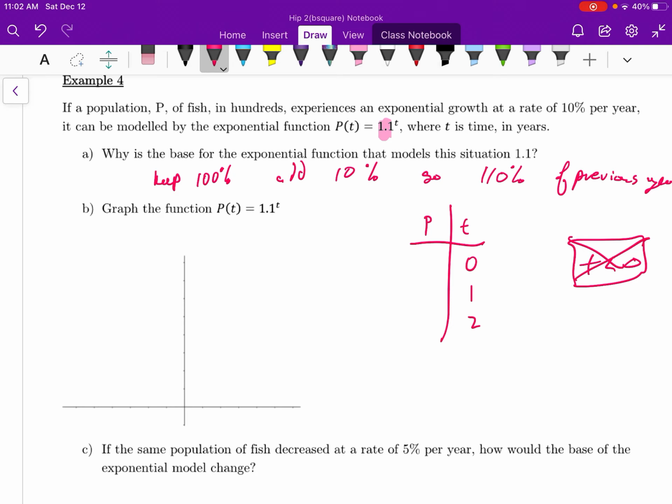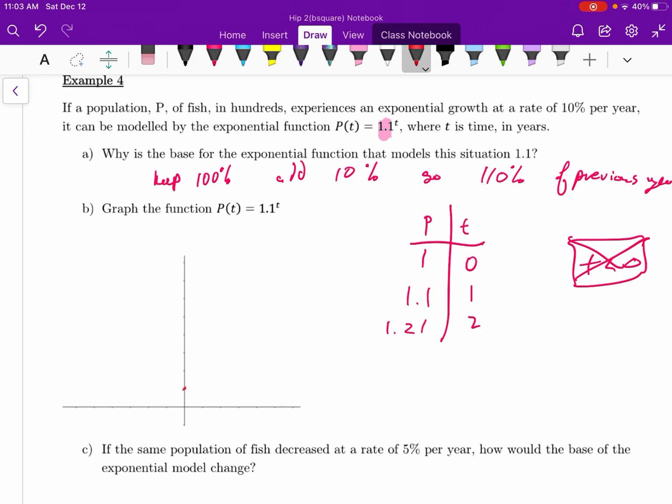That's not what we're saying here. So anyways, my population at time 0 was 1. After 1 year, it's 1.1. After 2 years, it's 1.2. After 3 years, I believe... Nope, that would be incorrect. I'm sorry. There. That's what we have.